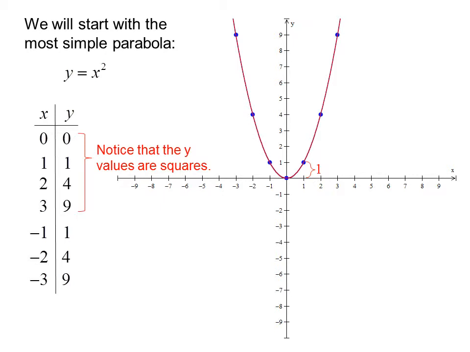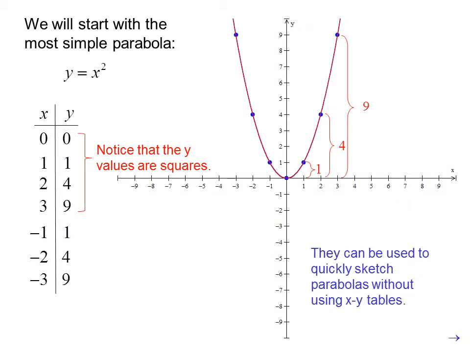So when we draw the graph, we go over 1, up 1, over 2, up 4, and over 3, up 9. Remember these numbers. They can be used to quickly sketch parabolas without using xy tables.